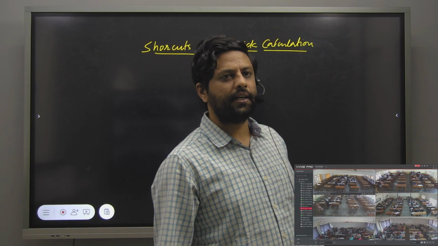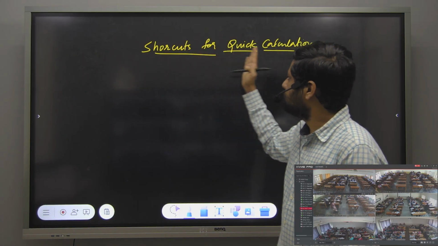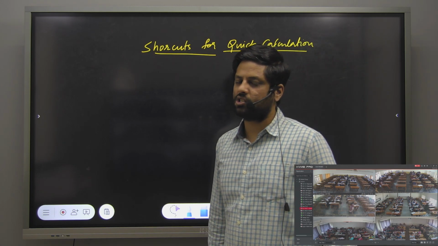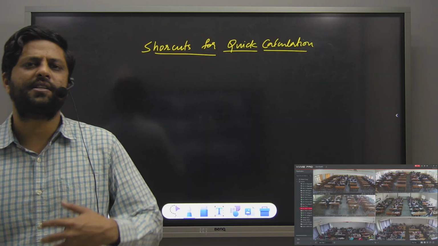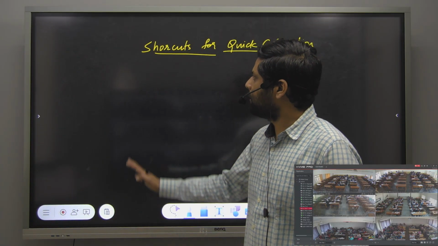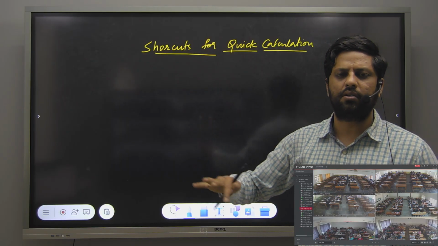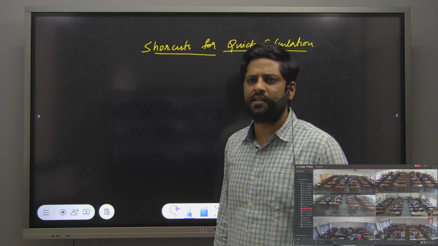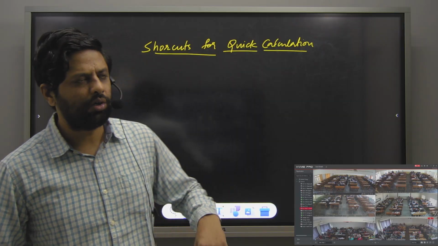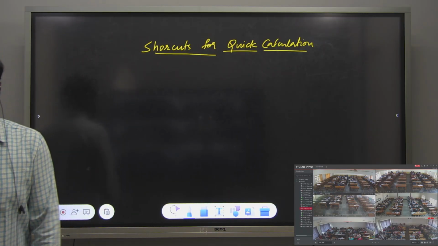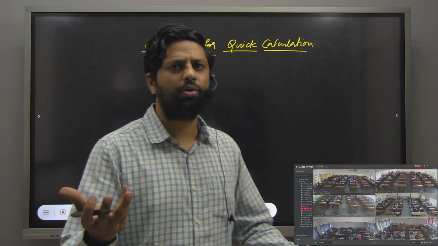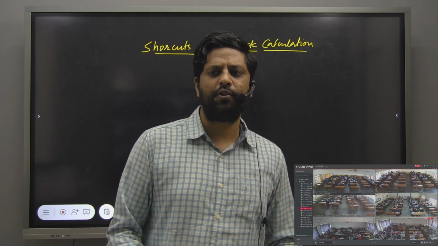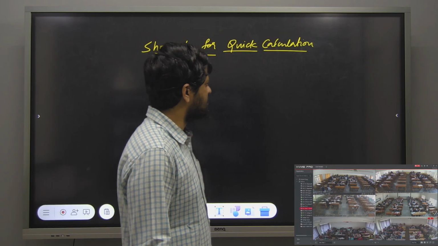Since calculator is not allowed in CET, sometimes we'll have to do fast calculation. So I'll help you with how we can do fast calculations. Probably for 10 minutes we will discuss different ways to calculate answers quickly, and then we will go to vector algebra. All right? Because it's very important in CET that you don't have much time, so you will have to do fast calculations.